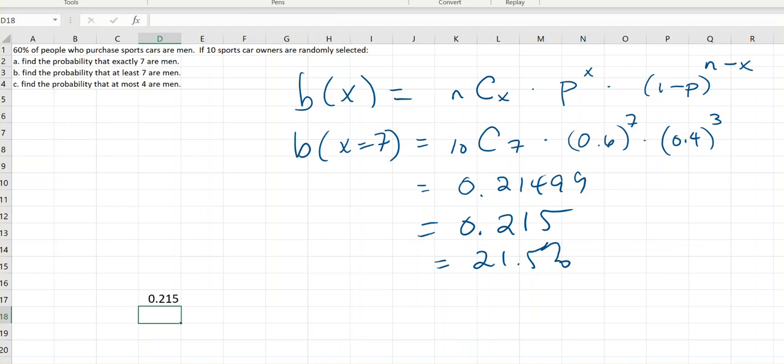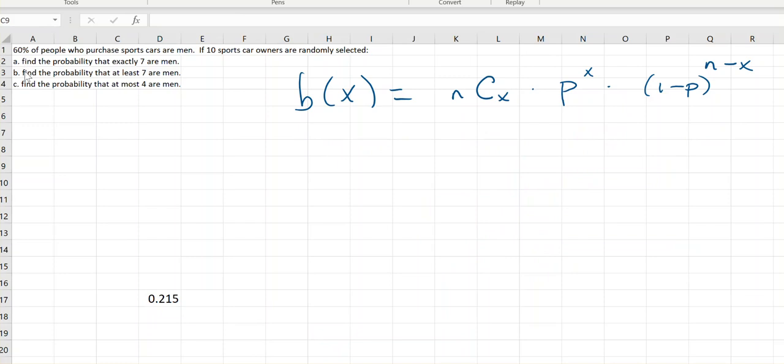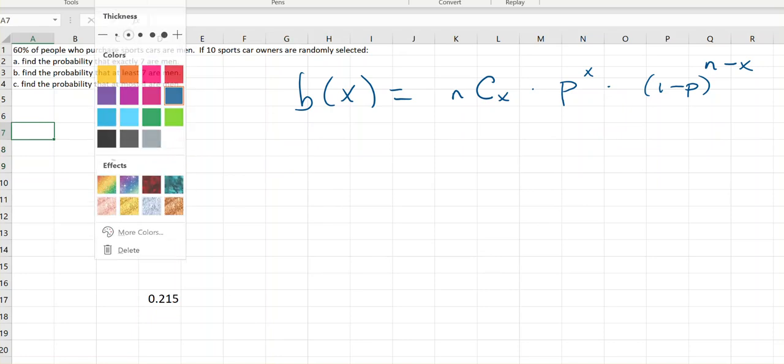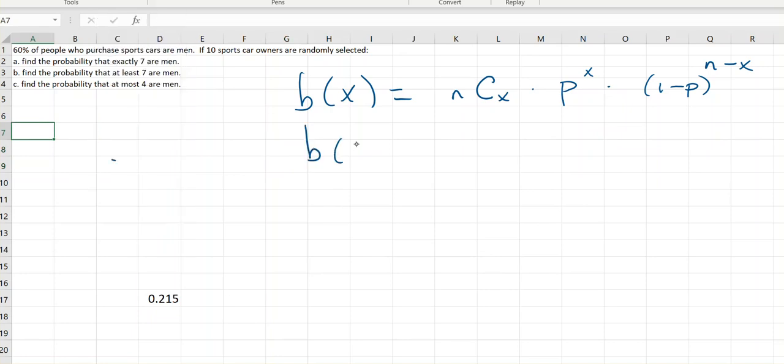Okay, so let's do another one. So the second question is find the probability that at least 7 are men. So at least 7 means the binomial probability of X greater than or equal to 7. At least means the minimum there are 7.